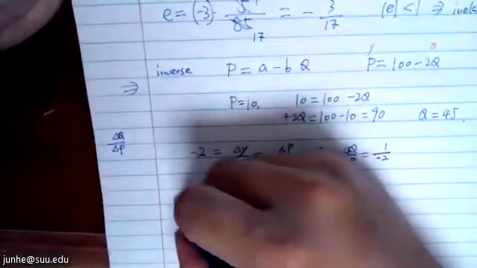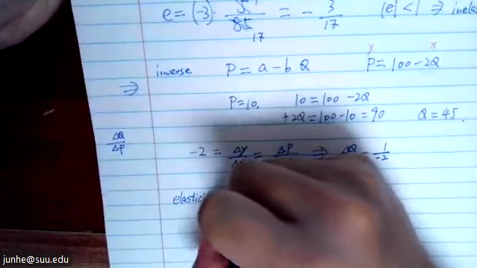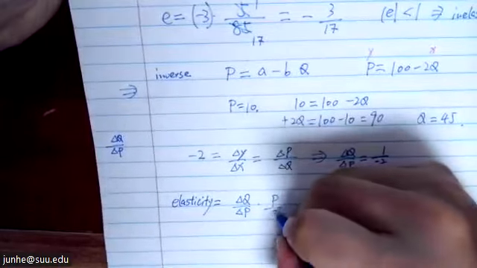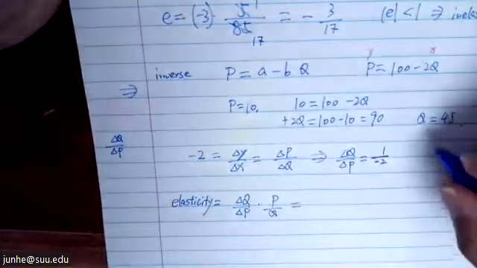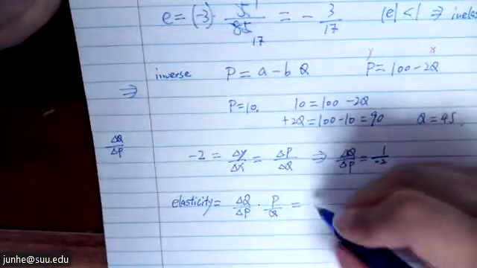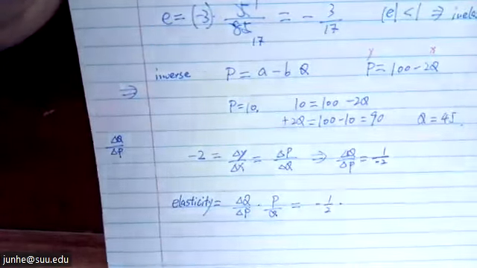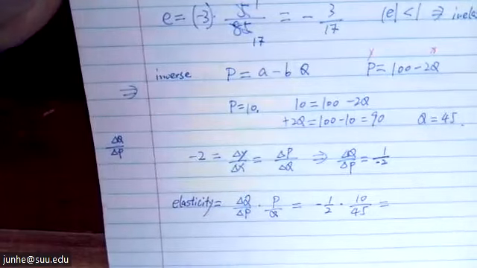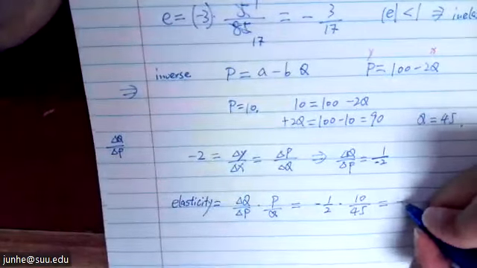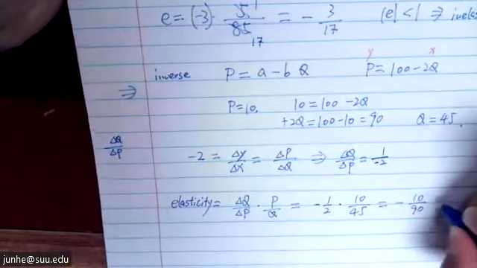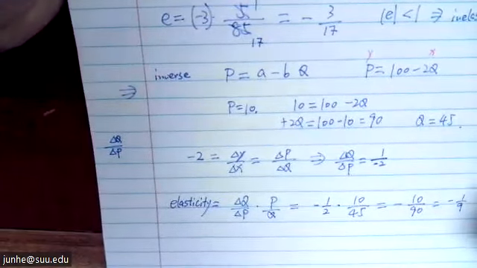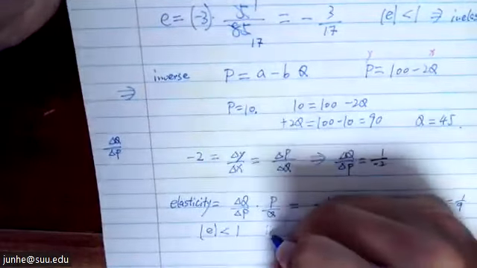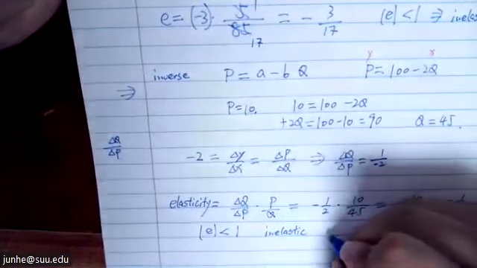So in this case, elasticity now is delta Q over delta P times P over Q. Here, delta Q over delta P is minus half, your price is 10, and your quantity is 45. So that is supposed to be your result. It's minus 10 over 90, which is minus 1 over 9. Again, the absolute value of this elasticity is smaller than 1. We have an inelastic consumer.